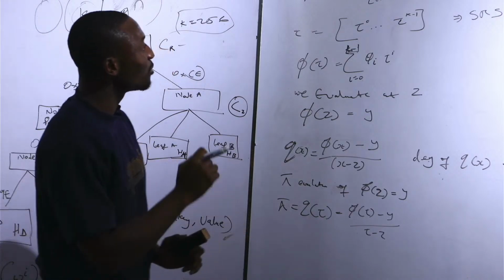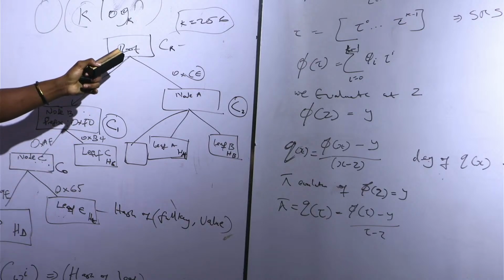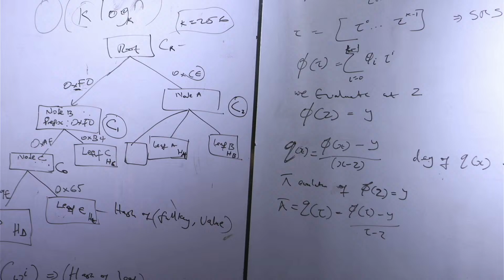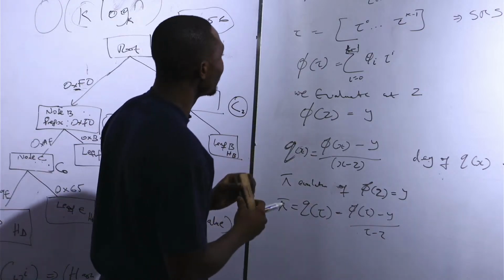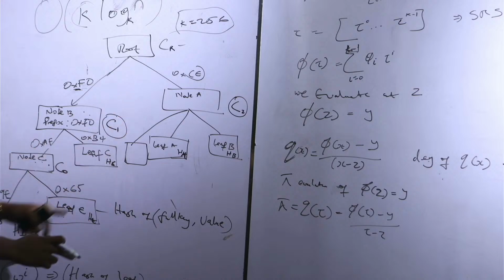But now, if we want to derive a proof for the entire thing with just one group element. In the case of multiple evaluations, you want to evaluate these different polynomials at these different points.